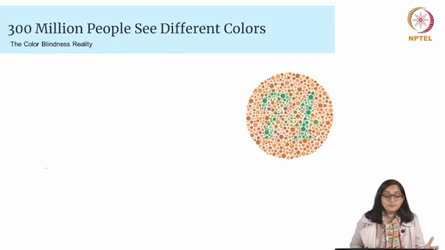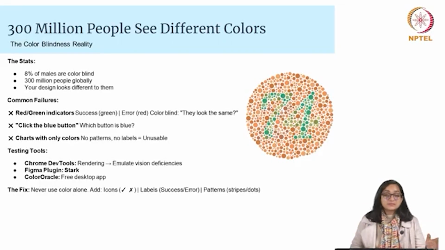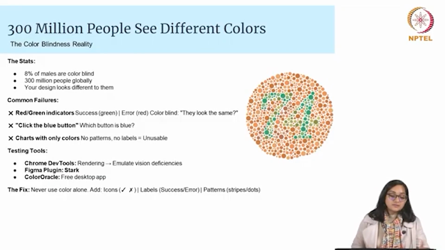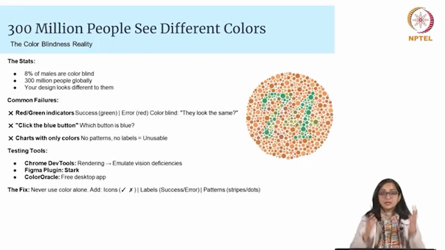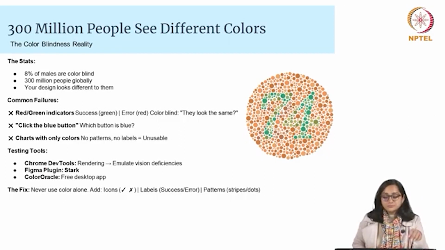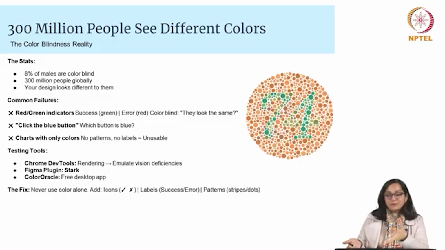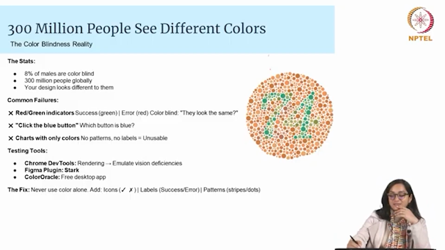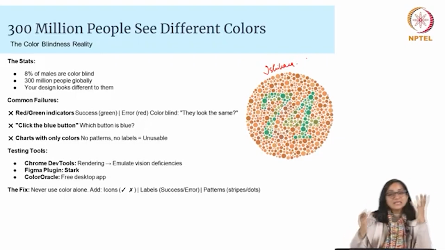Then millions of people see colors differently, so they are color blind. There are some very eye-opening statistics around color blindness: 8% of males globally have color blindness, and 300 million people globally have color blindness. So maybe you can check it right away. Here is an image from the Ishihara test. You can just Google it and take that test also.